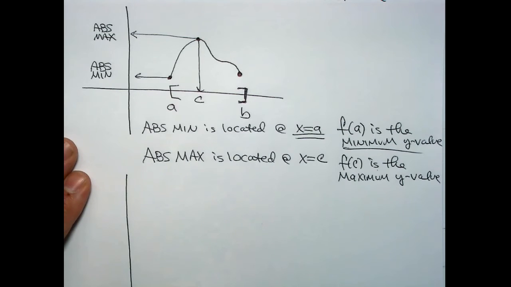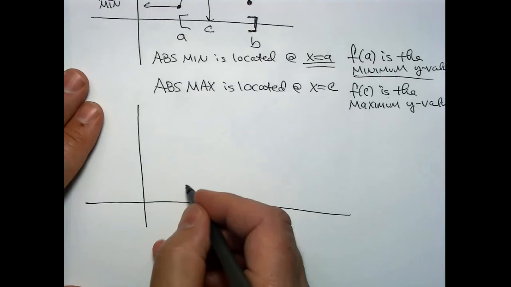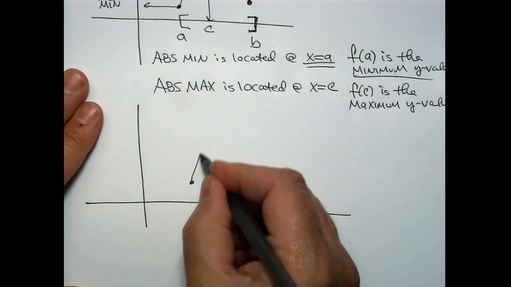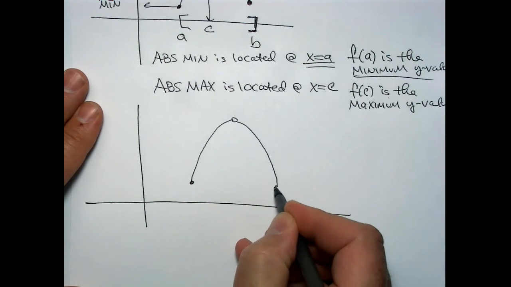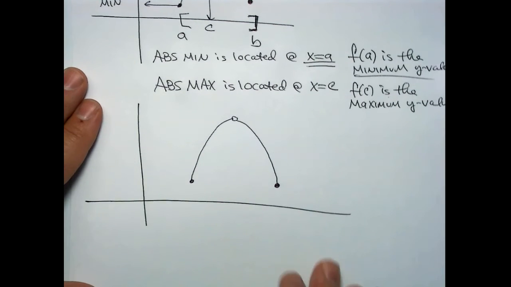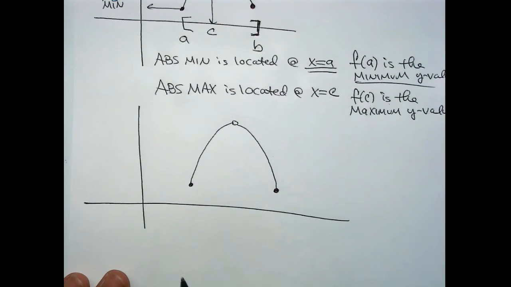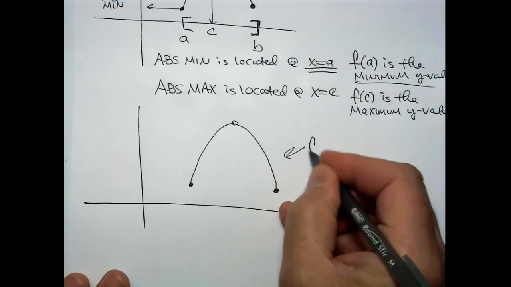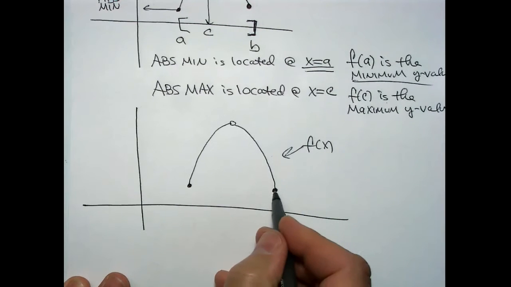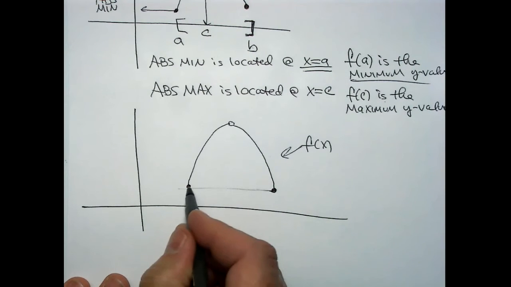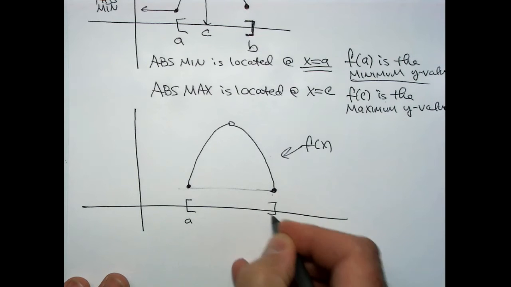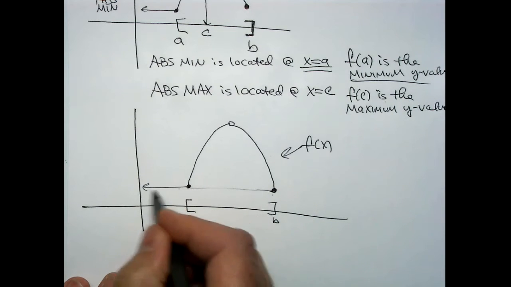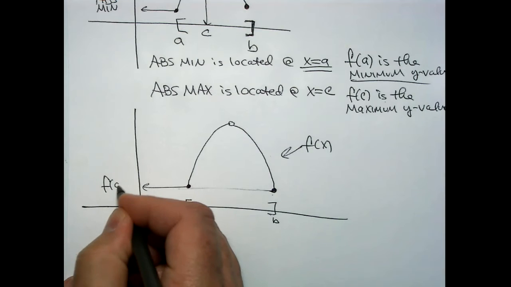What happens in this scenario? This is my function, f of x. And down here, I'm going to make these two line right up. This will be, again, a closed interval from a to b. And we'll point over here, and we'll say that's the f of a.